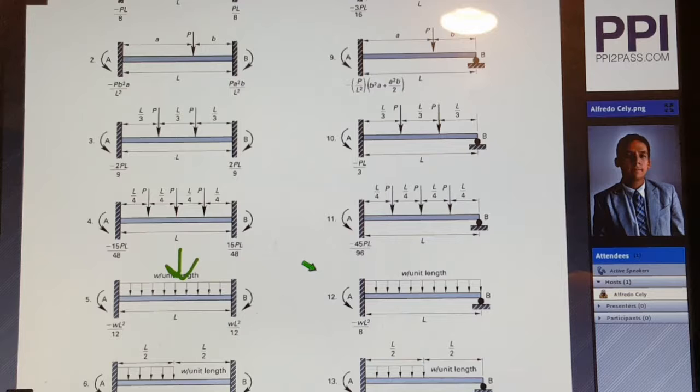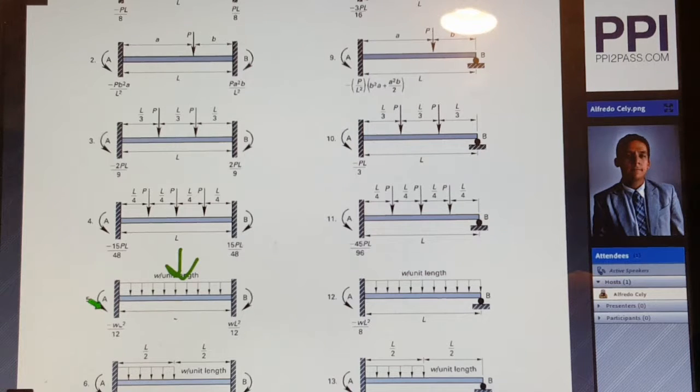Or let's say at A for this type of loading, you will then solve first, you can do either or, but let's say for this example, you first solve for the uniformly loaded portion, which is your negative WL squared over 12.